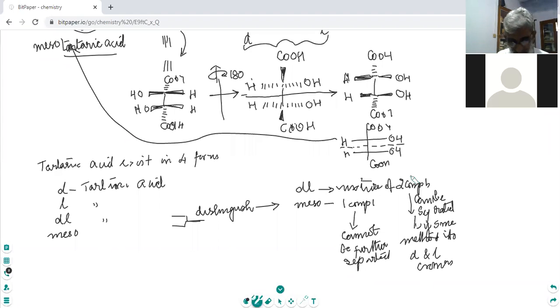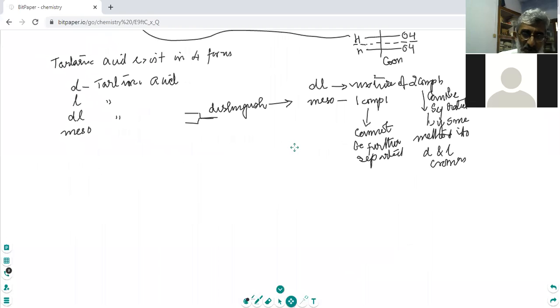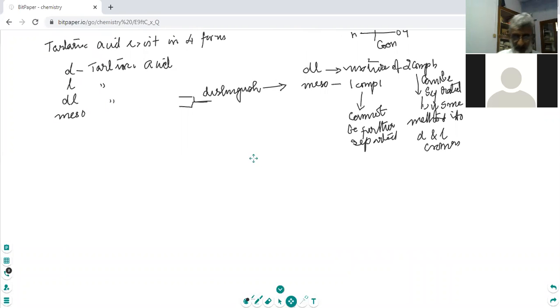Now let us see. I told you racemic mixture. Racemic mixture is an equal mixture of D and L isomers. But there is a term called racemization.